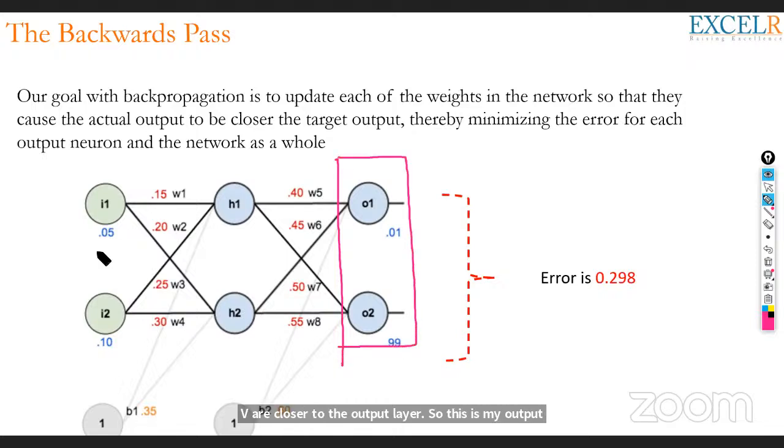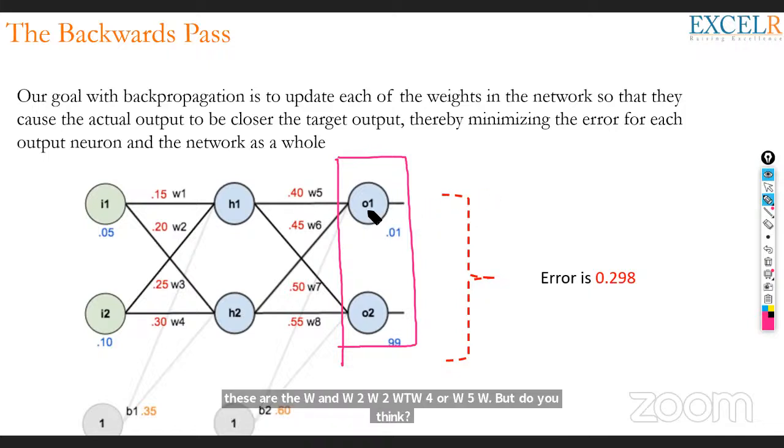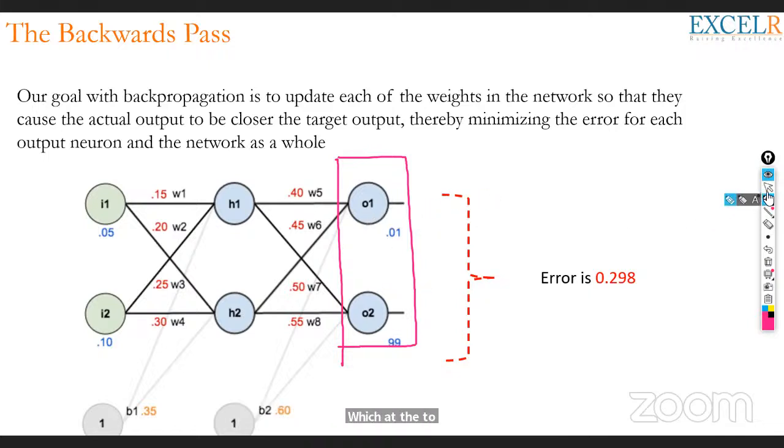Can you guys tell me, for this network, which weights are closer to the output layer? Whether these are W1, W2, W3, W4 or W5, W6, W7, W8. What do you think? Which are the weights closer to the output layer? Any answers, guys?